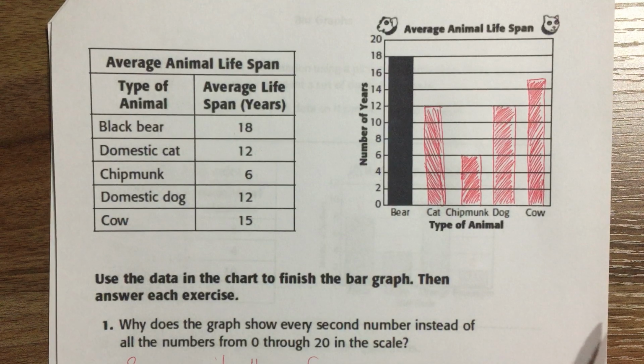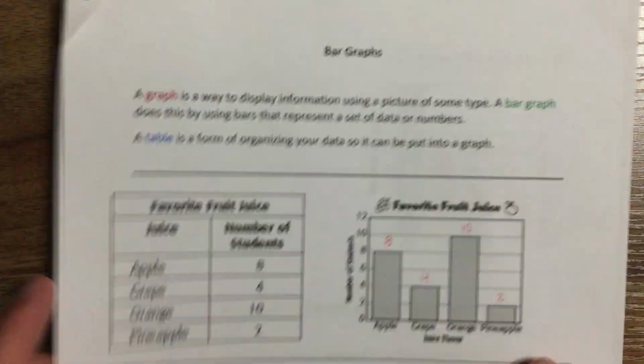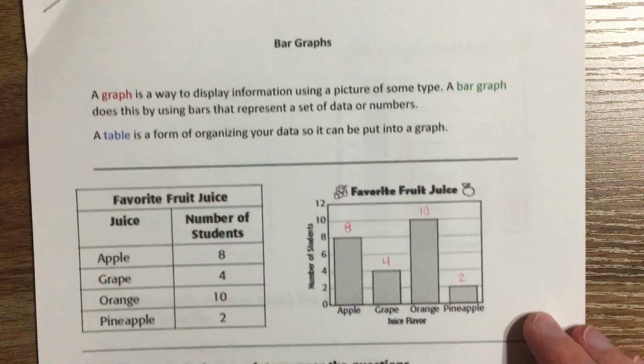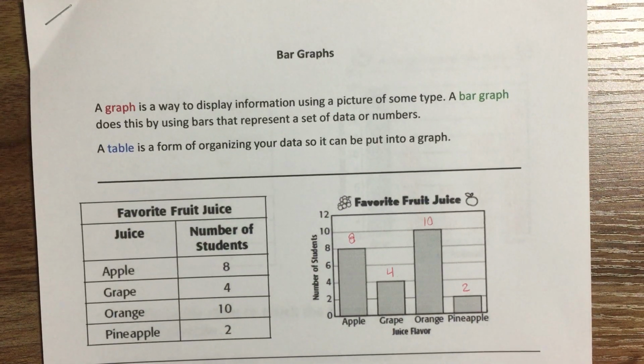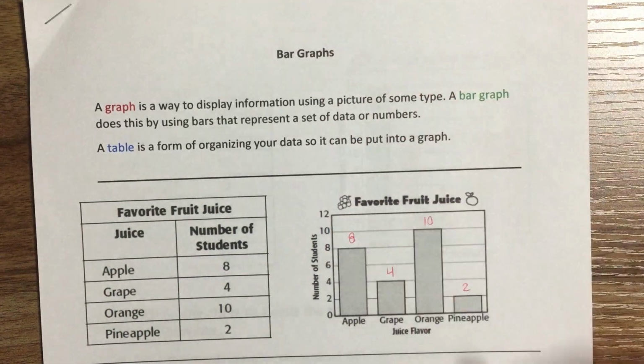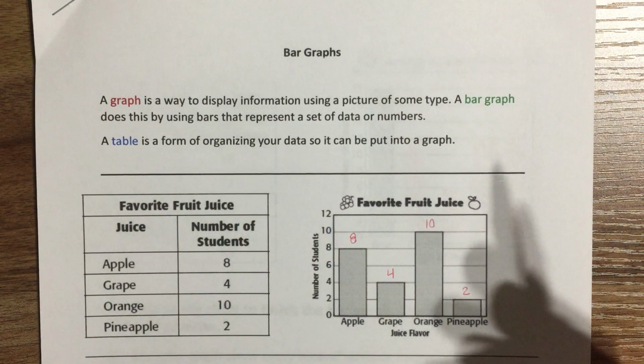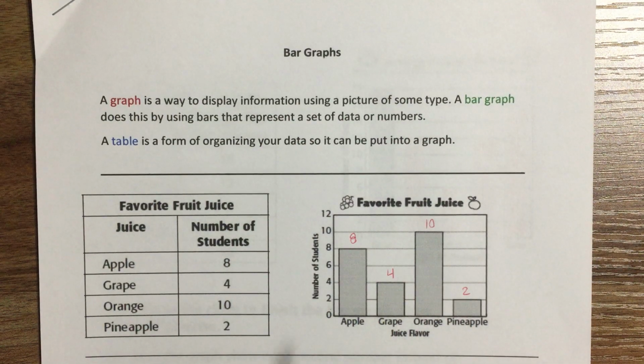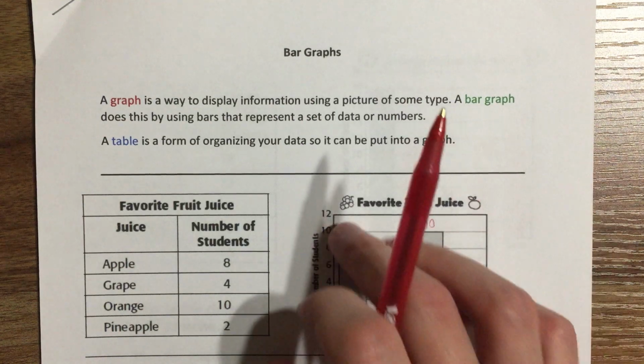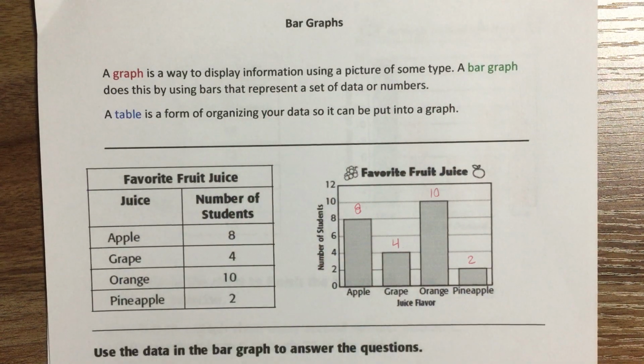Okay, a bar graph. We're going to go back to the beginning here, just do a quick review. So a graph is a way that is going to help us show our information in a prettier way. And there are many types of graphs. This is just one type of graph that you can use. It's going to help you display your information in a little bit prettier way than just putting it into a table like you see here.